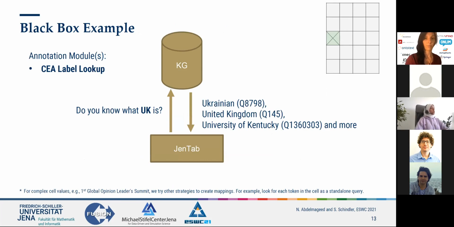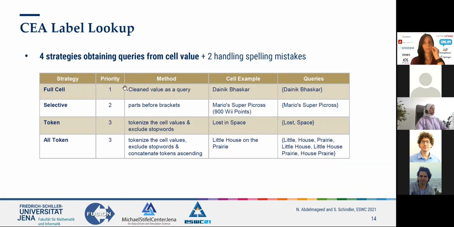For black box execution, given the annotation module CEA label lookup and given the context of the cell value, we query the knowledge graph using this cell value only, and we expect multiple candidates as a return of that. For this annotation module, we have in total 6 strategies. The first 4 of them are here in the table. And the last 2 columns show an example for each one of them.